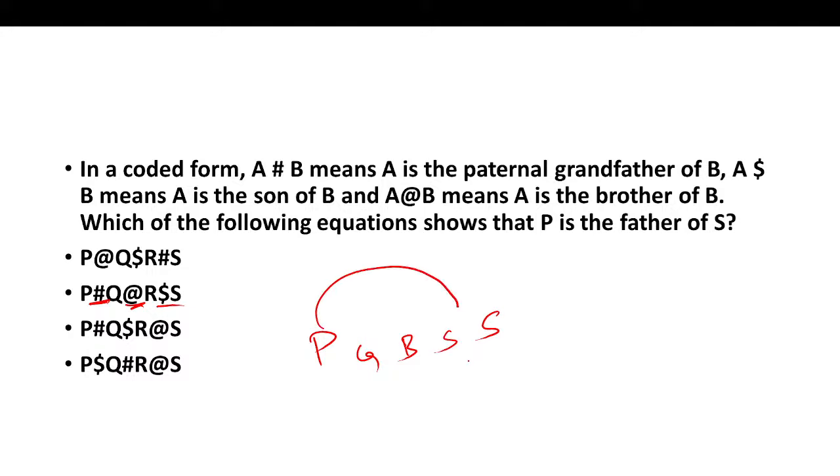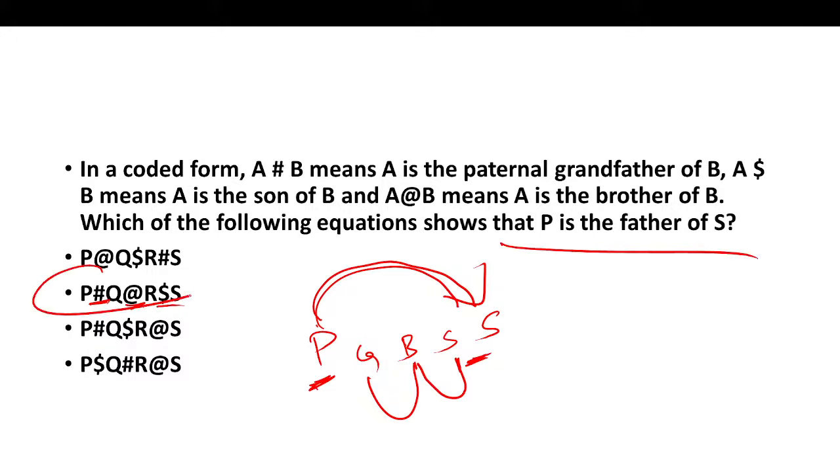Identify the relation between P to S. Start from S, continue up to P. First S. S indicates son. Son's brother is obviously son only. Son's grandfather is our father. So P is the father of S. Option B is the correct answer.